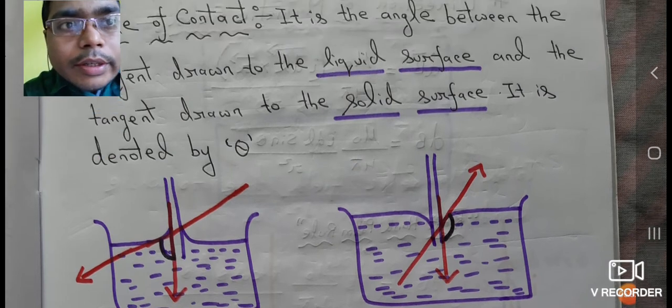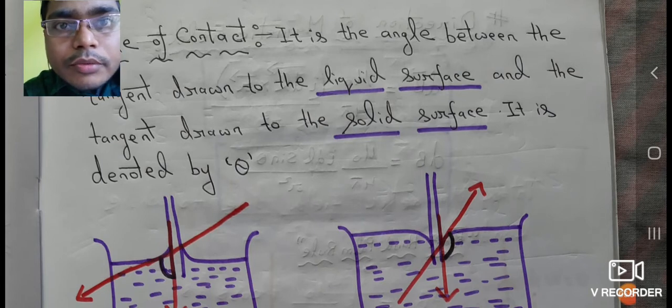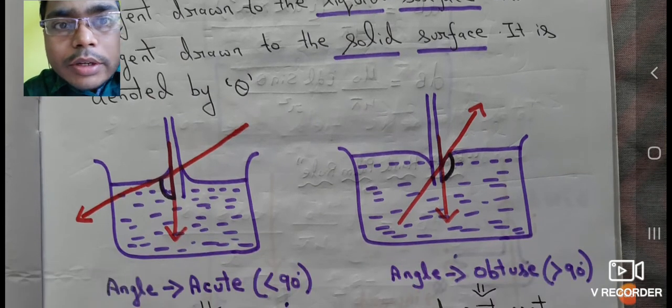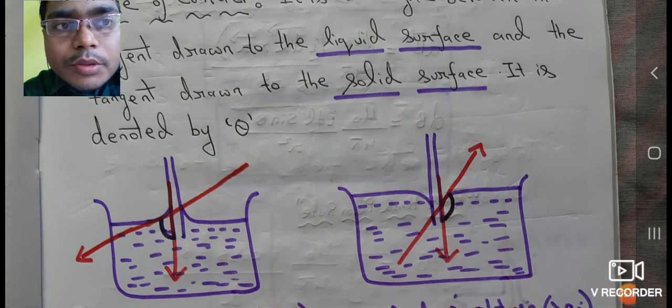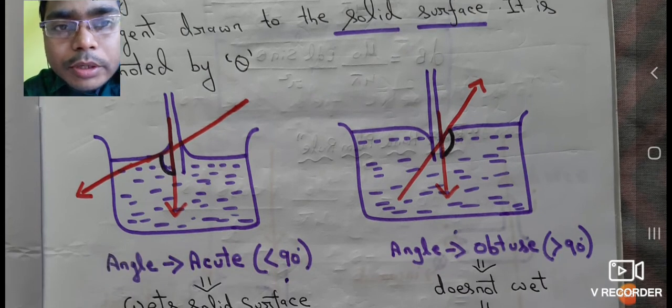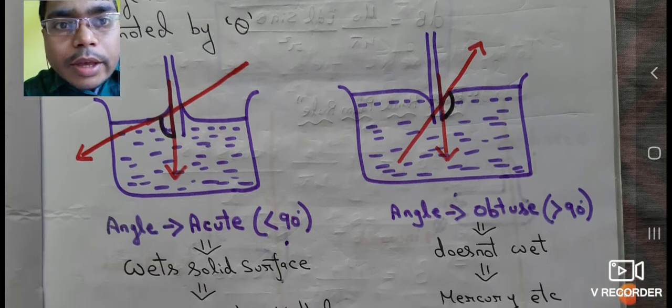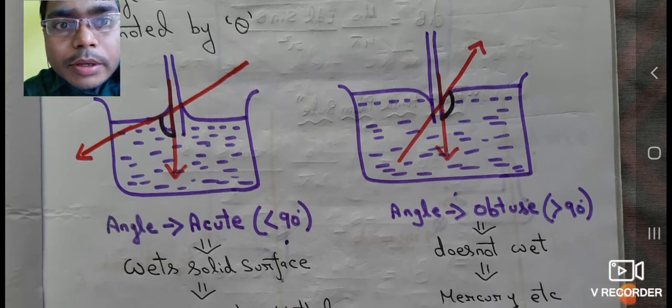While drawing the tangent to the liquid surface, one point is very important: the direction of this tangent should be away from the solid surface. And while drawing the tangent for the solid surface, we have to draw the direction of the tangent towards the liquid. Here the direction of the tangent is downward, that means it is towards the liquid.